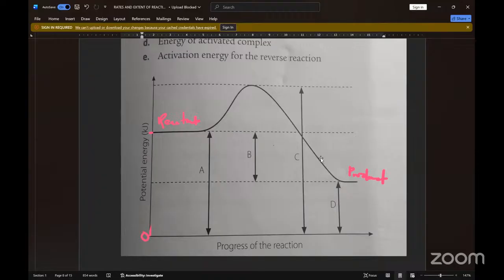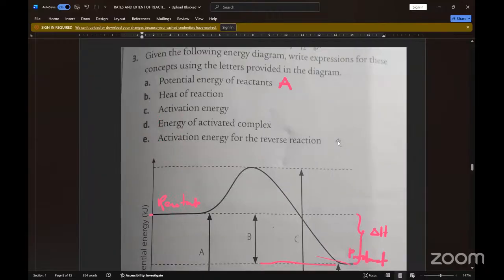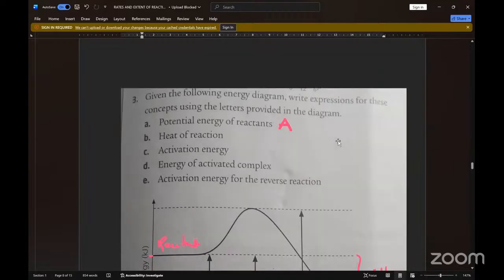So this gap here, if you take this one like this to this one, the gap here is your delta H, which is your heat of reaction. So if you move this one like this, you move that one backwards like that, it corresponds to B, this symbol B. That is the gap between that. So we are going to write this one as what?